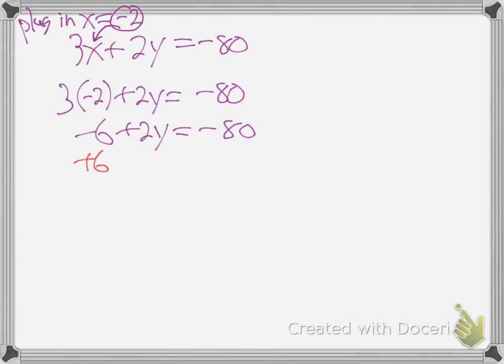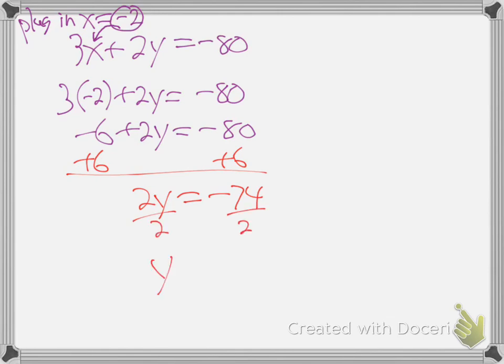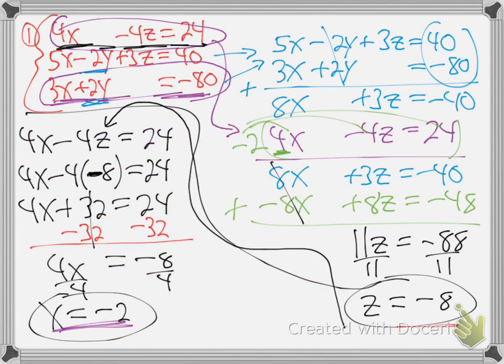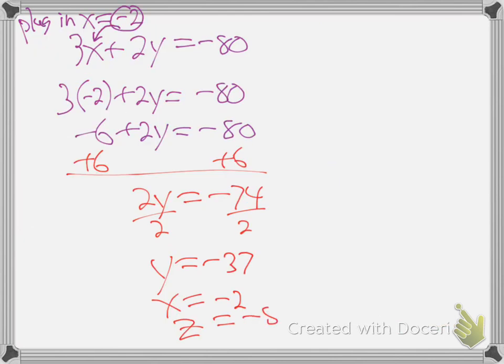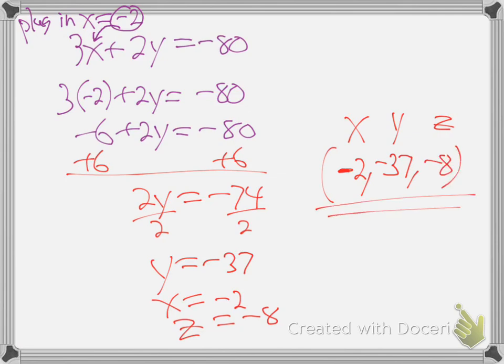So that's good. Add 6 to both. So 2y is minus 74, divided by 2. y is minus 37. So we've got it. We had x was negative 2, and z was negative 8. So our answer is x, y, z: negative 2, negative 37, negative 8.